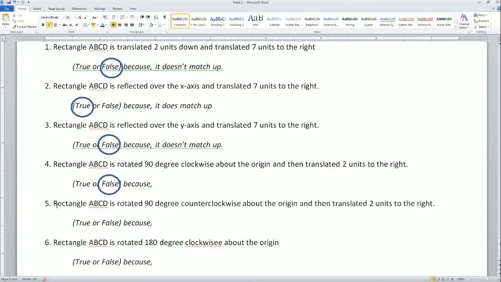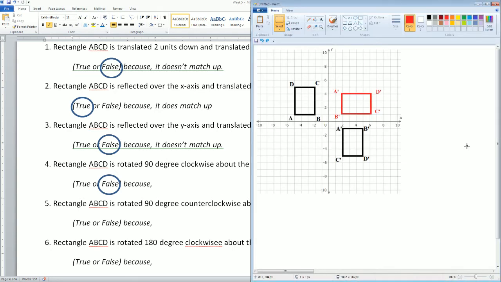Rectangle ABCD is rotated 90 degrees counterclockwise, then translated 2 units to the right. Let's do that one. It would look like this. So that's off. It looks like that.